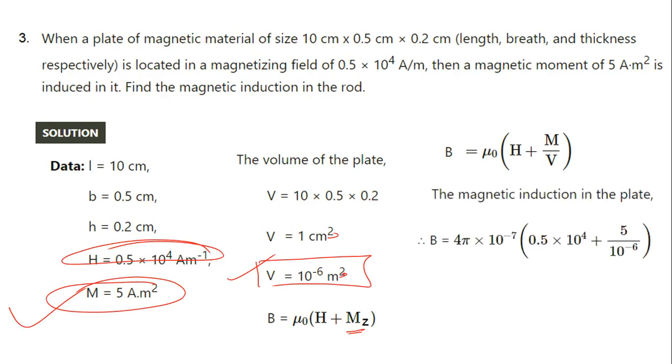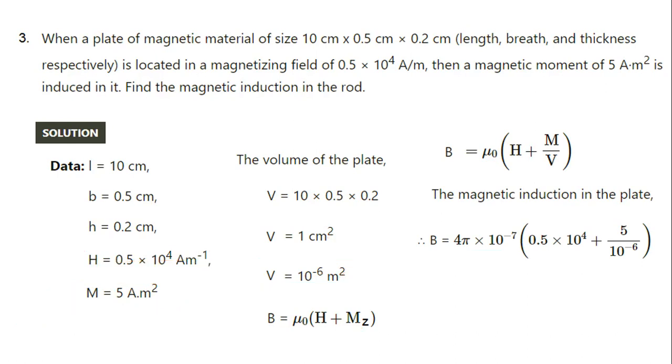After substitution, mu 0 is 4 pi into 10 raised to minus 7, H is 0.5 into 10 raised to 4, and the magnetization is the magnetic dipole moment 5 divided by the volume 10 raised to minus 6. After doing this calculation, we get the final answer 6.290 Tesla as the magnetic induction.